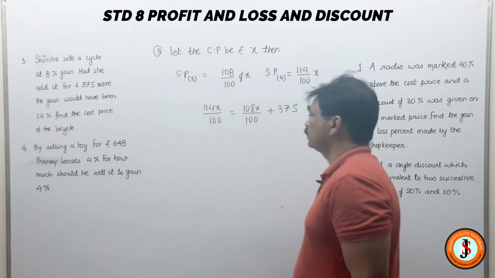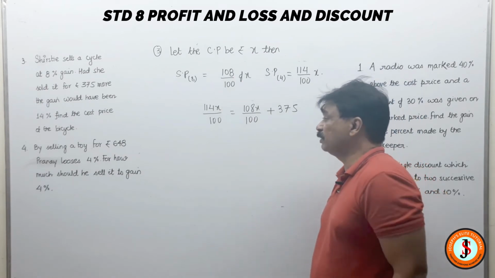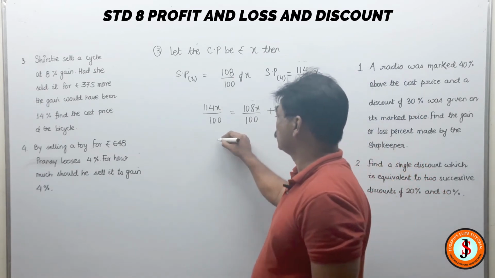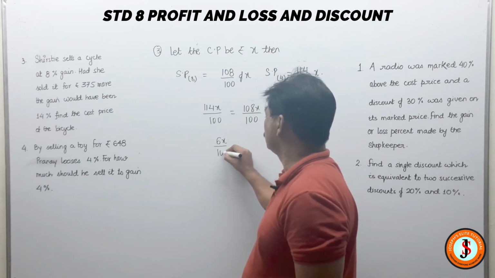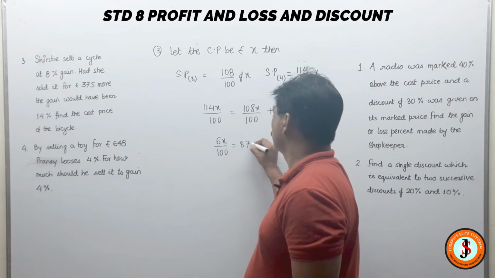So this goes this side, then it is 114 minus 108. That is 6x by 100 is equal to 375.